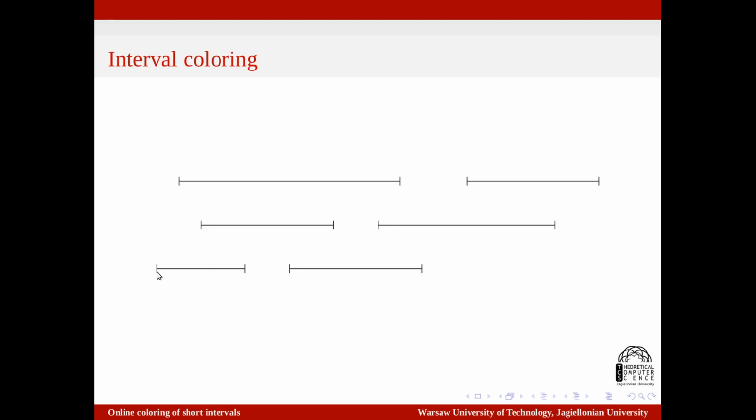So we will say that these two intervals intersect, because if we would squash all the intervals on one line, then these two intervals would really intersect. So these two intervals also intersect. And we are interested in colorings of intervals such that any two intersecting intervals get different colors.